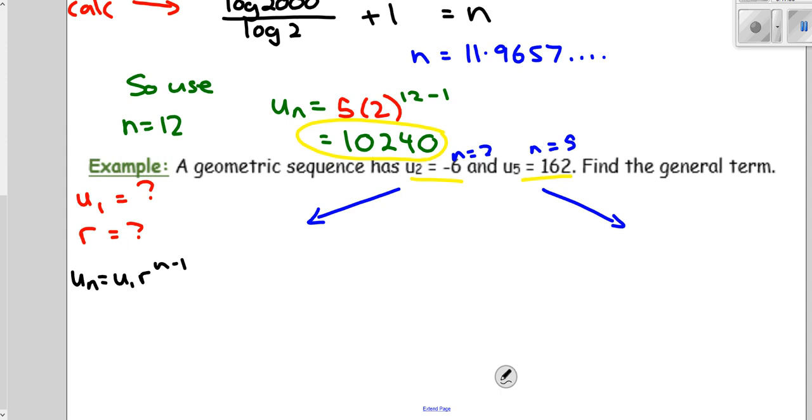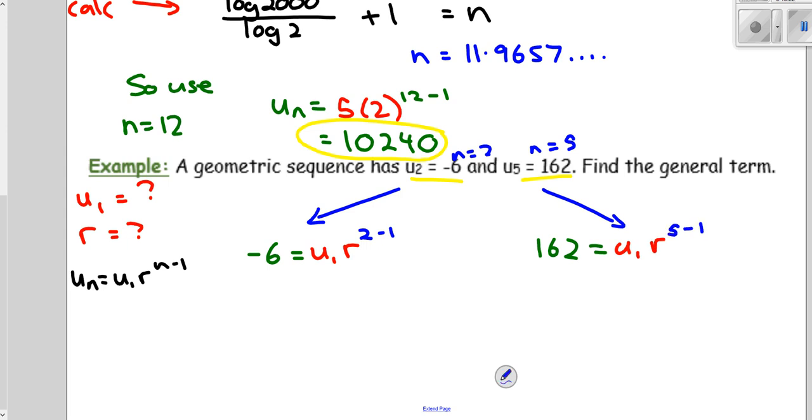And so we can say u of n, -6, equals u of 1, which we don't know, multiplied by r to the power of 2 minus 1. You can go straight to saying 1 if you prefer, but I'll just show this as an initial step. 162 is our u of n equals u of 1 multiplied by r to the power of 5 minus 1.